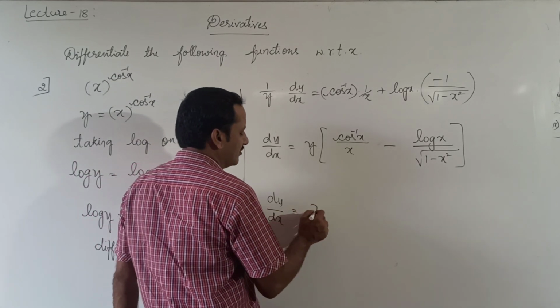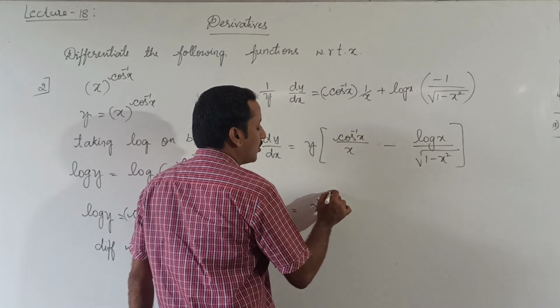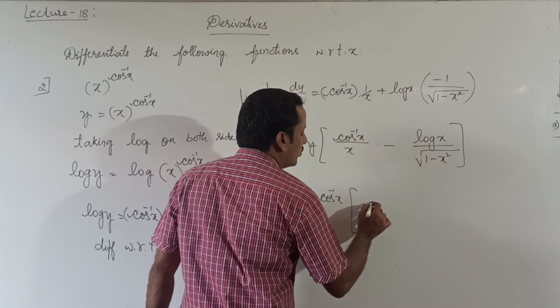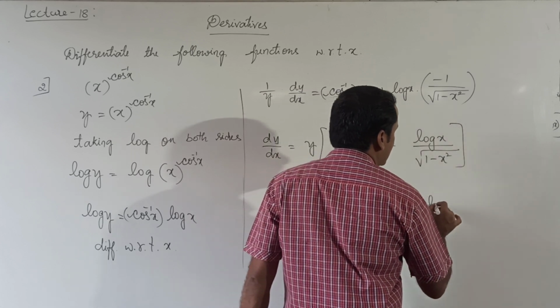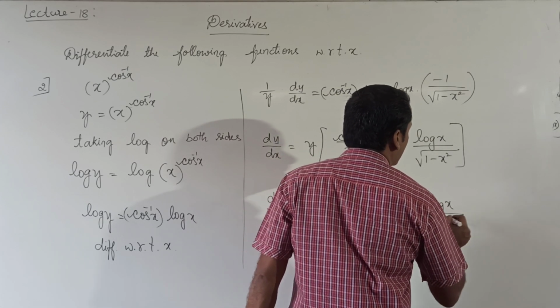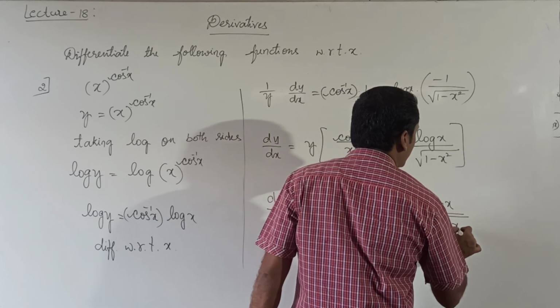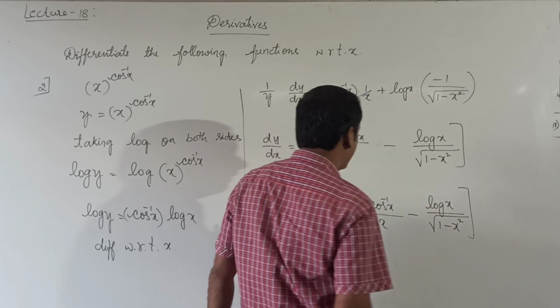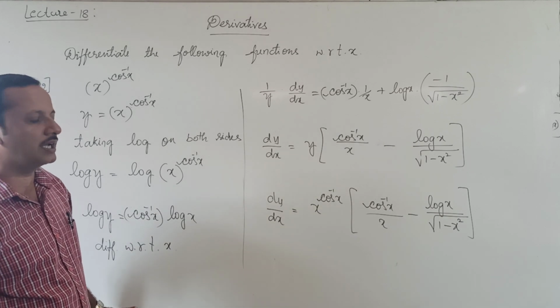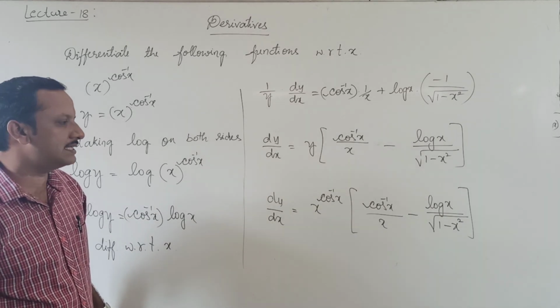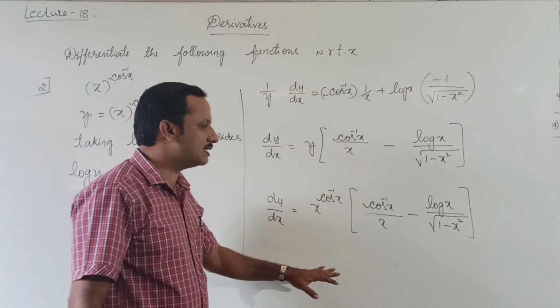X to the power cos inverse x. So dy by dx is equal to x power cos inverse x into cos inverse x by x minus log x by root of 1 minus x square. Okay, this is dy by dx.